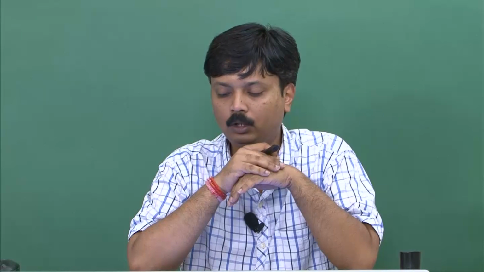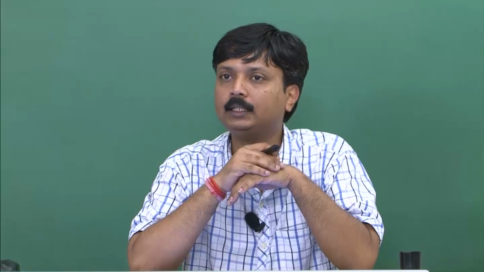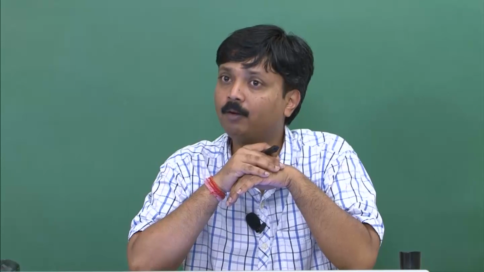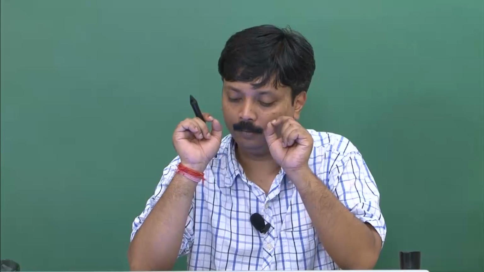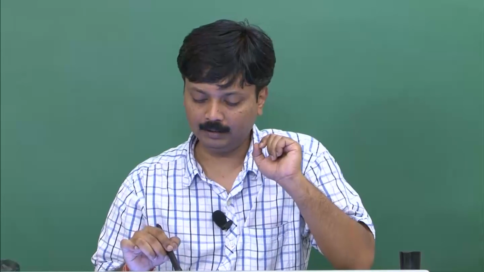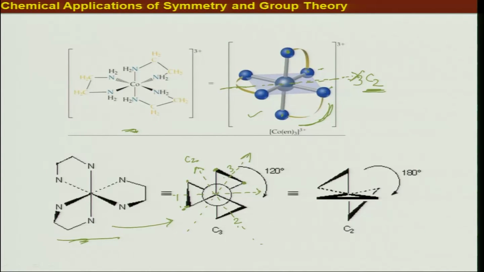I do not have any sigma v's here, because this case is also slightly different from the staggered ferrocene conformation, and that slight difference is in the occurrence of sigma d planes here. We do not have a sigma plane, because I have this bond here. In the case of the staggered ferrocene, I did not have any bond between the top and bottom layer, right. So, here I do not have any sigma d's.